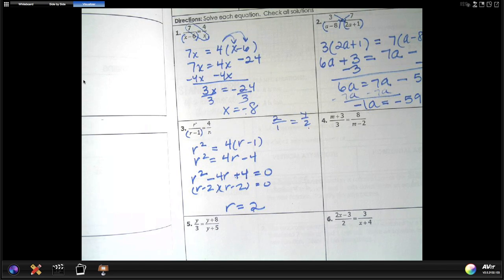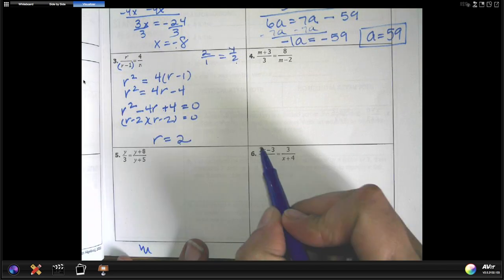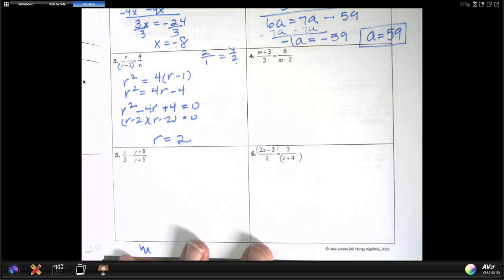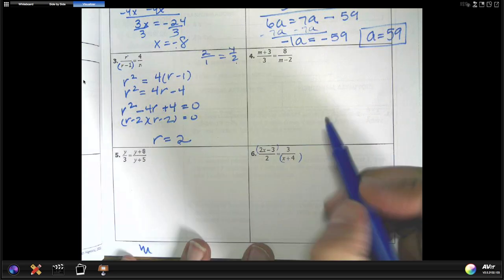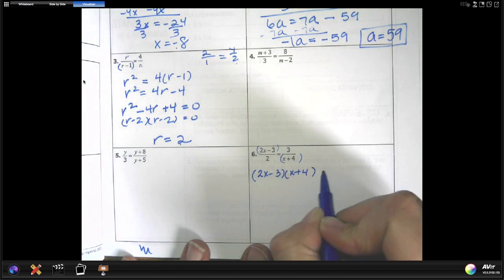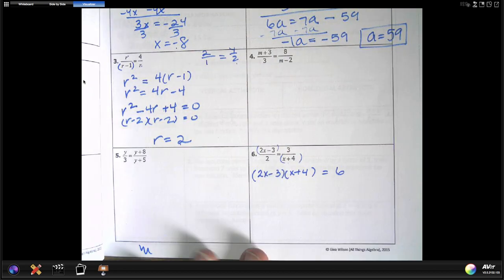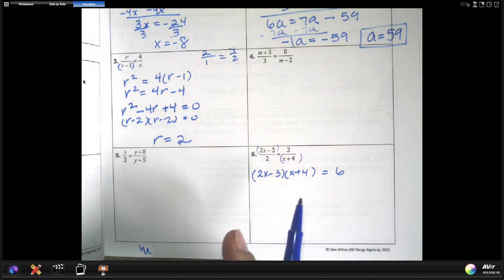All right, let's do number 6. So we're going to put this in parentheses and that in parentheses. We're going to multiply these two, and 2 times 3 is 6. And now when you have the two parentheses here, we need to distribute, or FOIL, or use your box method, whatever.